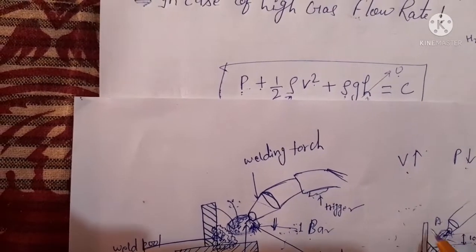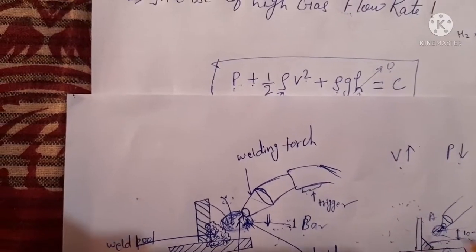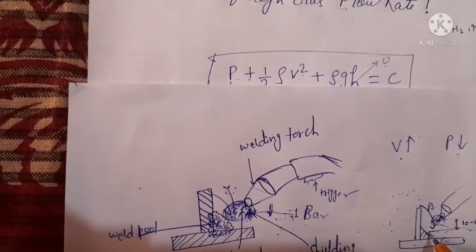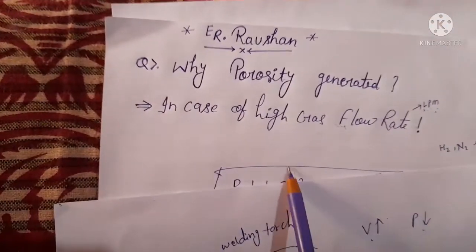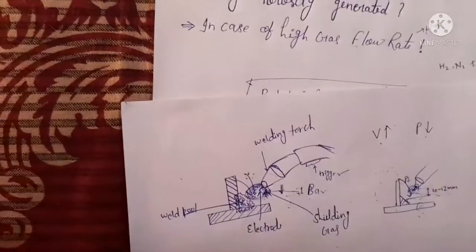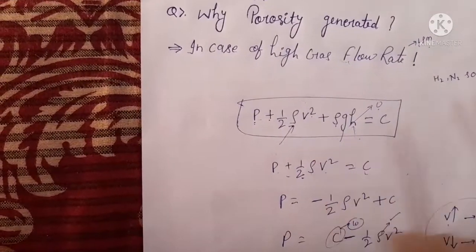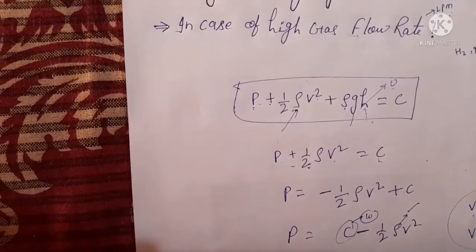Then environmental contaminants such as oxygen, nitrogen, hydrogen are entrapped inside this weld pool, and this creates porosity. So that is one of the reasons how high gas flow rate creates porosity. Thank you all for understanding. This is only an example, we took a shortcut to make easy calculations. Thank you.